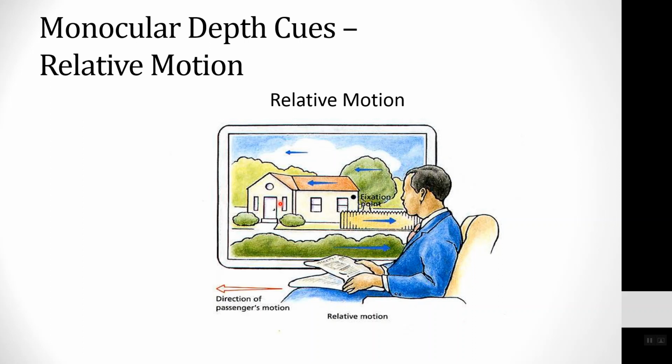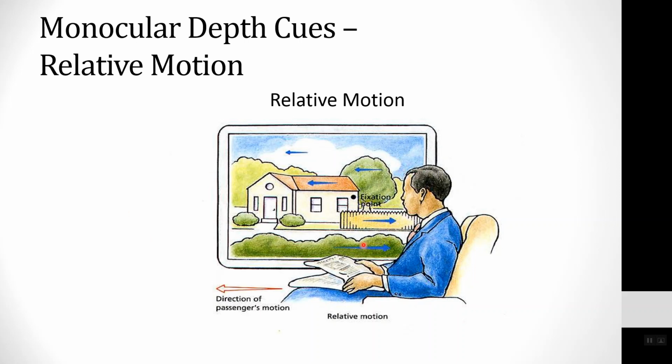Relative motion all means is that objects beyond some kind of fixation point that you're staring at, like this gentleman right here, any object beyond that fixation point is going to appear to move with you. So you see these arrows, like this guy's traveling this way, he's going on some train. Anything beyond what he's looking at is going to move with you.